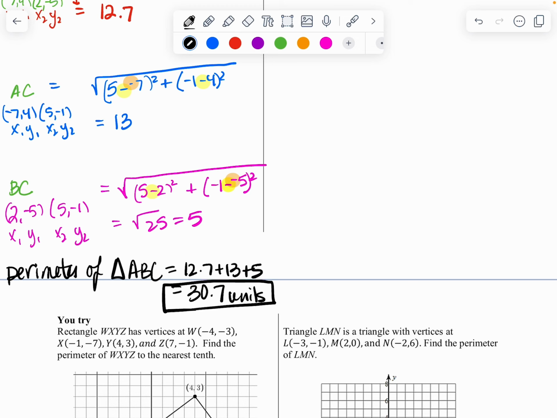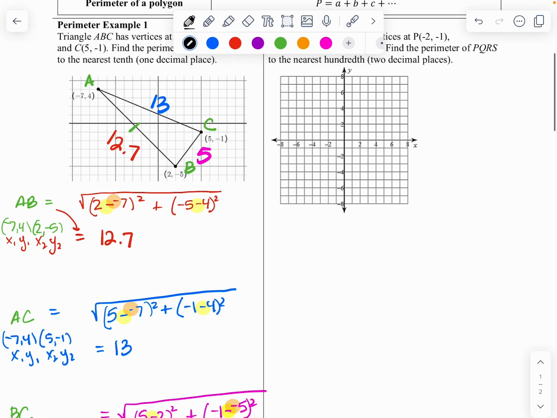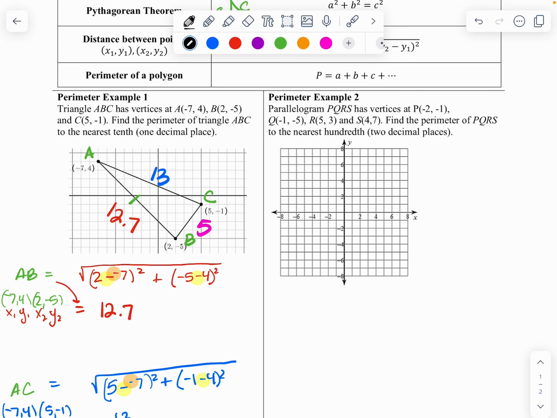That's all you're going to do, is find the length of each side, and then find the perimeter by adding those lengths up. Now sometimes you're going to have to graph it. So what does that look like?